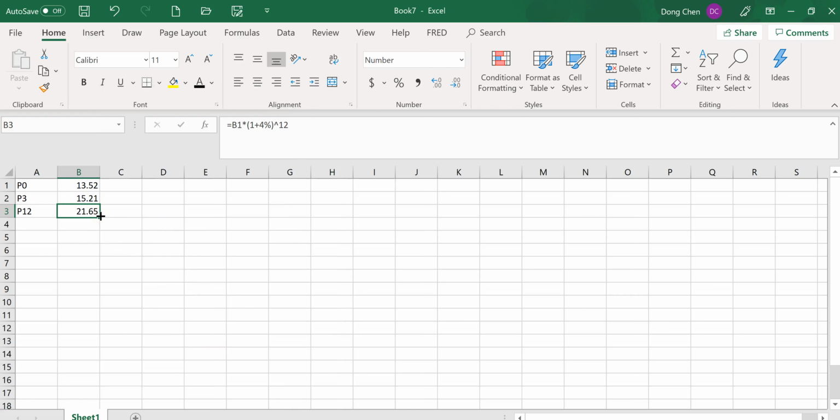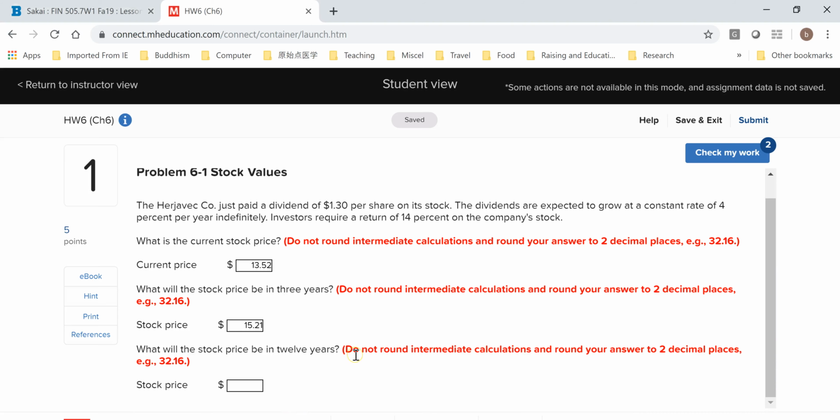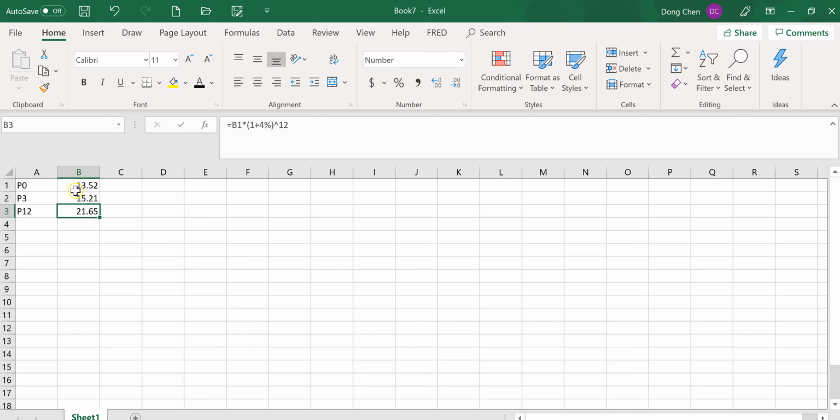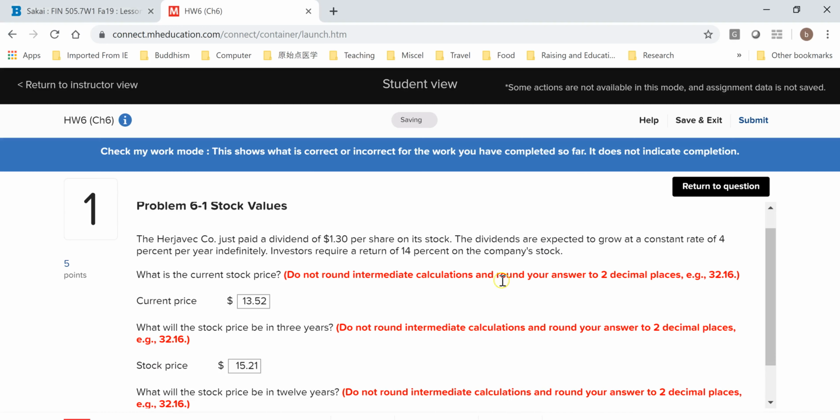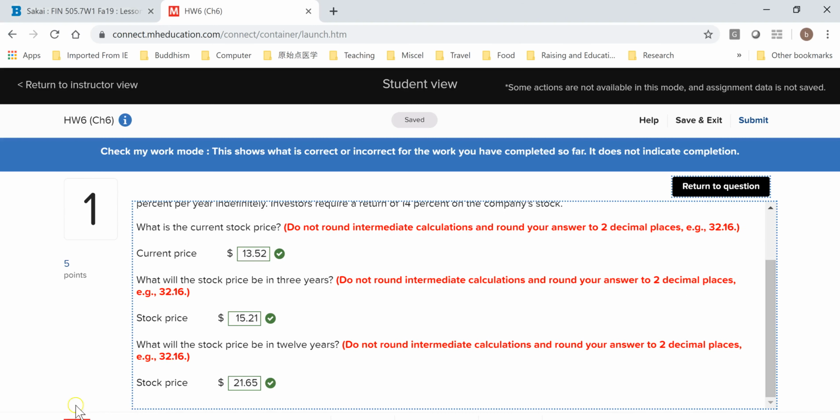And another beauty of using Excel is that it automatically meets the requirement to not round intermediate calculations. Even though I kept 2 decimal places for P0 here, in actual calculations, Excel will use the precise value of this variable in getting P12. Then I can copy this number back and check my work. Yes, excellent.